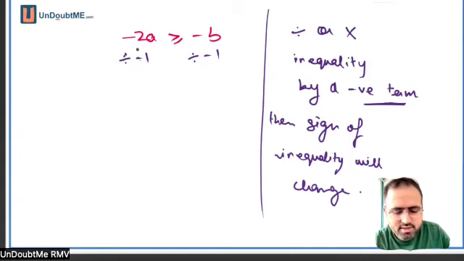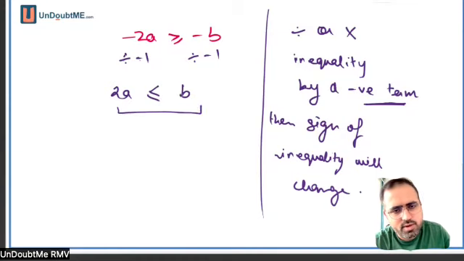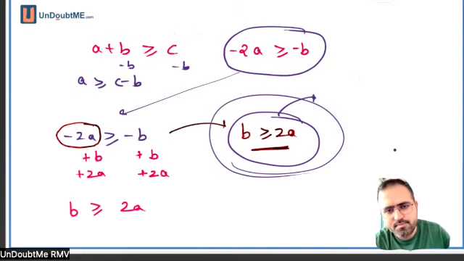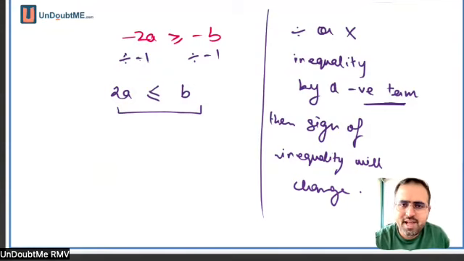So dividing both sides by -1 will make -2a positive. b will also become positive, but now the sign of inequality will be changed. And it will become 2a less than or equal to b, or b greater than or equal to 2a, which is the same as what we did over here.